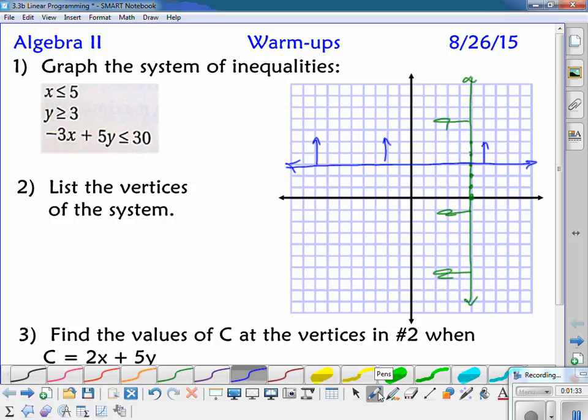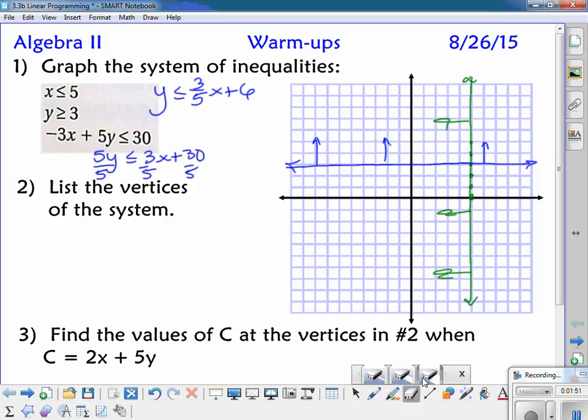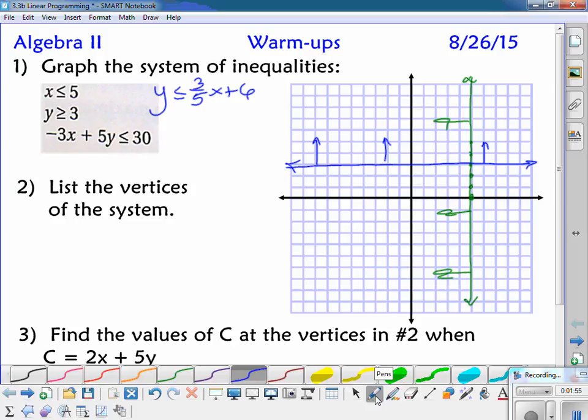All right, so if I rearrange my equation, I get 5y is less than or equal to 3x plus 30, and then I divide everything by 5. So I end up with y is less than or equal to 3/5 x plus 6. All right, so if I'm going to graph that, where do I start? I start at 6 on which axis? The y-axis, yes.